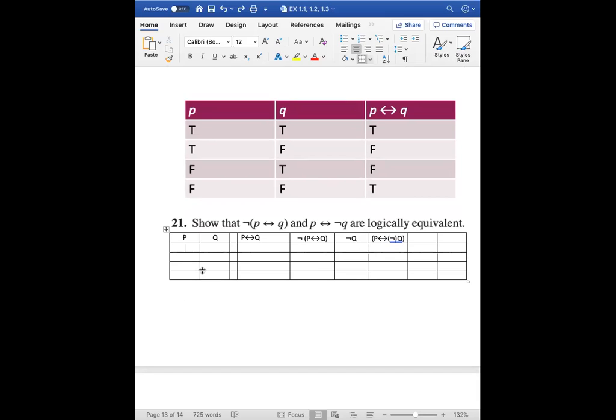Okay, so here we have the values for P. It can either be true or false: true, true, false, false. And for Q we have true, false, true, false. Now for the biconditional statement P biconditional Q, we can use this truth table to get a quick answer: true, false, false, true.